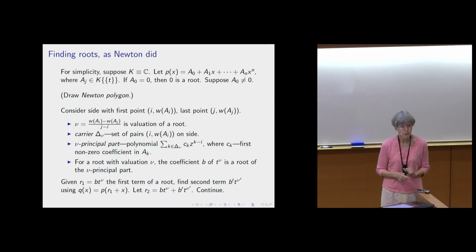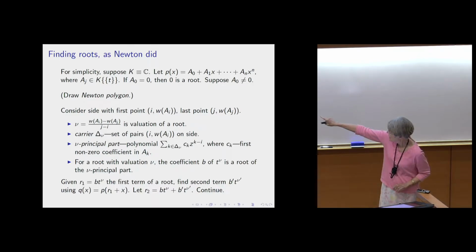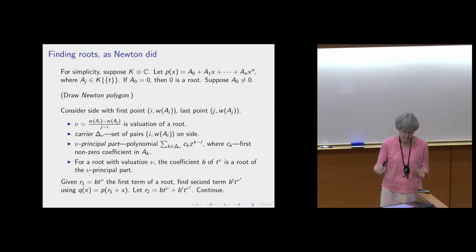And then the new principal part, so this is an equation over K. So we'll write the polynomial over K. We take the leading coefficient in A0 of the W of A0 term, times z to the 0.